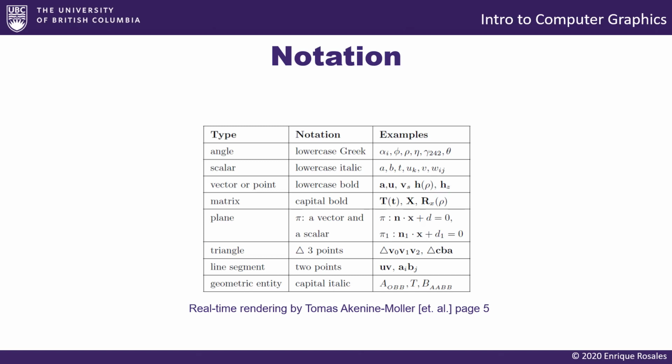This notation in particular is not on page 5, I think it's on page 7, but please read that section from the book, and we will try to use this notation. Sometimes we can use a different notation, but we will explain why. And if for some reason I am not using this, again, it's either because it is on purpose and I will tell you, or it is because maybe I made a mistake. So if you find a mistake eventually in one of the presentations, just tell me. But this is a notation.